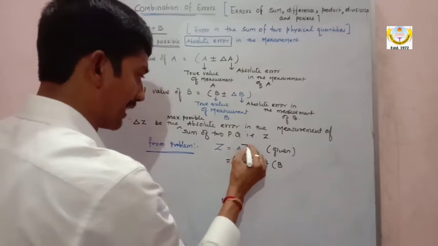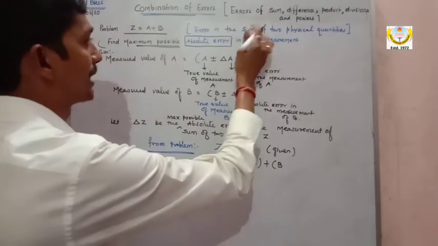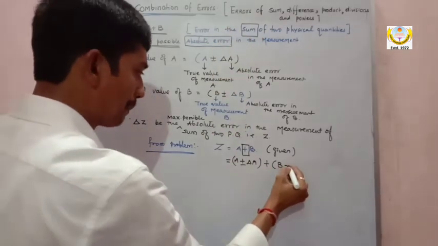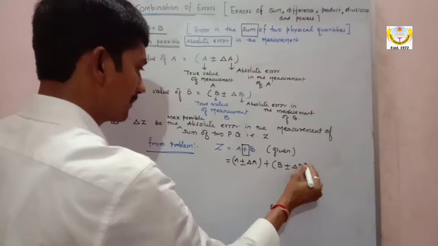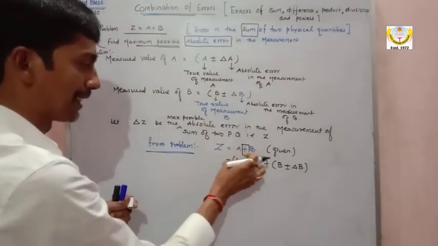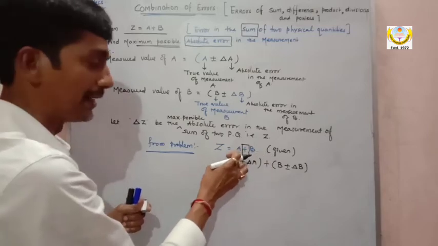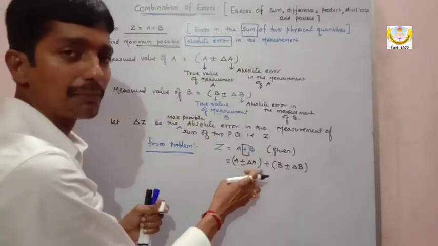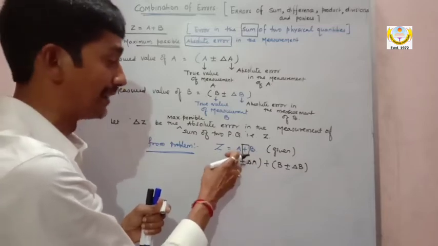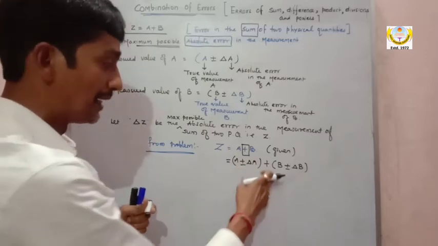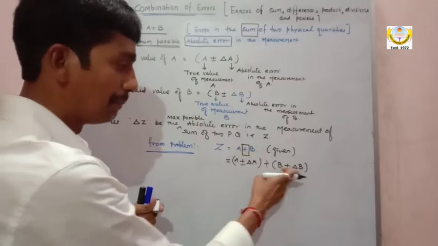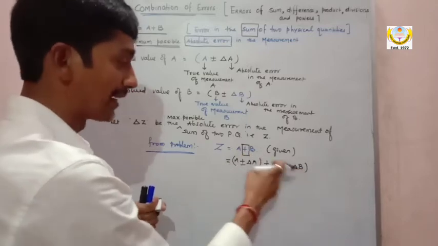Plus, because here the operation is addition, we are doing the sum. So here it is plus B plus minus delta B, because these are the physical quantities, and I measured the physical quantity A. I got the answer A plus minus delta A. What is A? The true value. What is delta A? It is the absolute error in the measurement of A. Similarly, B is the true value of this physical quantity when measured, and delta B is the absolute error in that measurement.